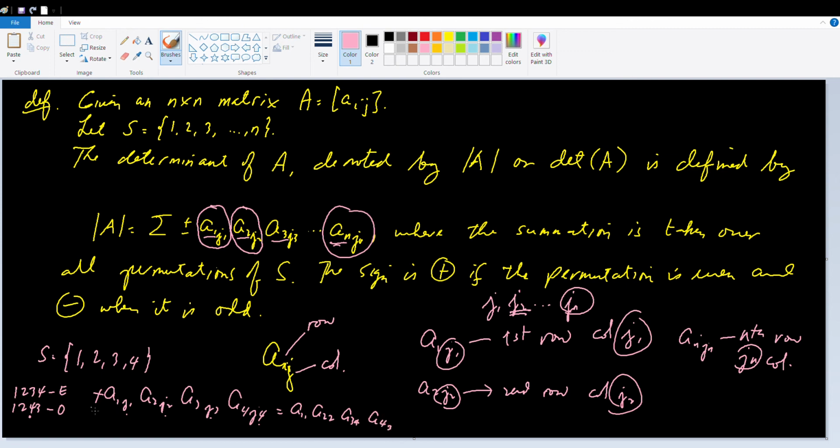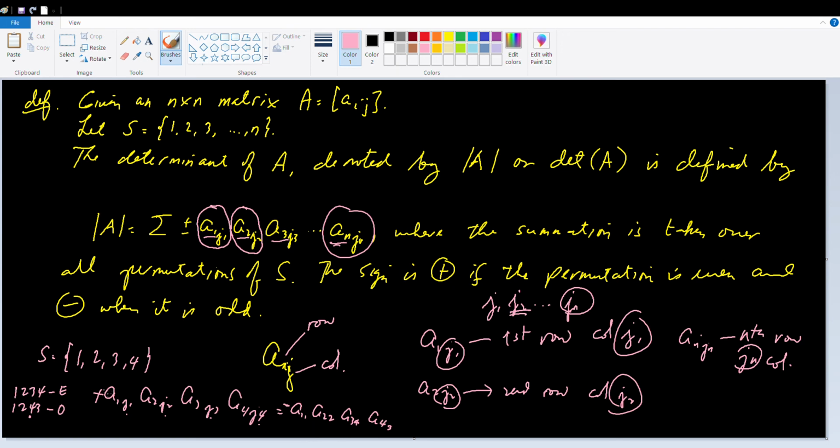Okay? So the first subscript will always start from 1, so A1, A2, A3, and A4. The second subscript will come from the permutation. And since 1, 2, 4, 3 is an odd permutation, it is preceded by a negative sign.